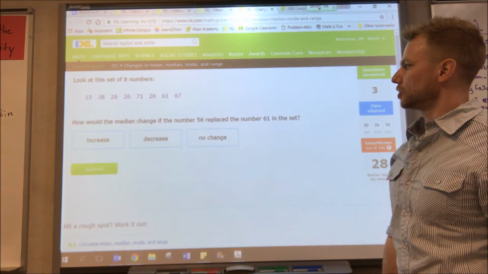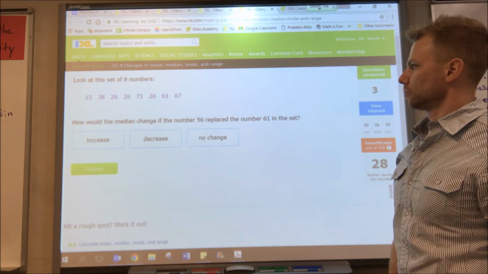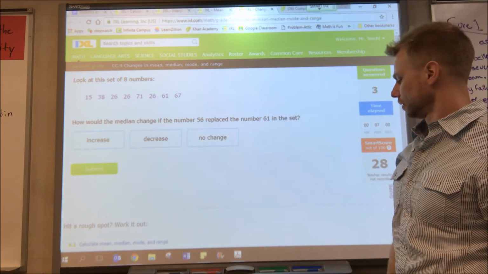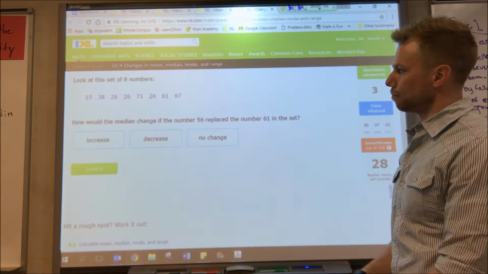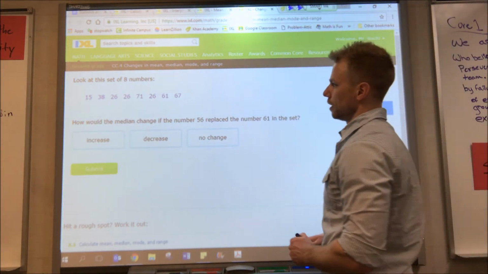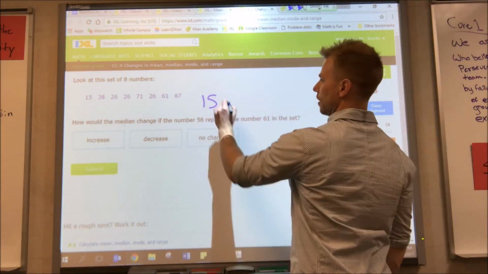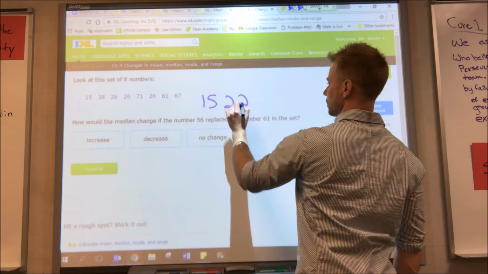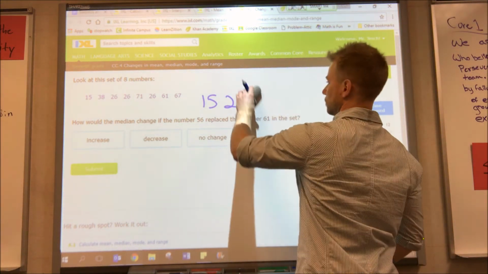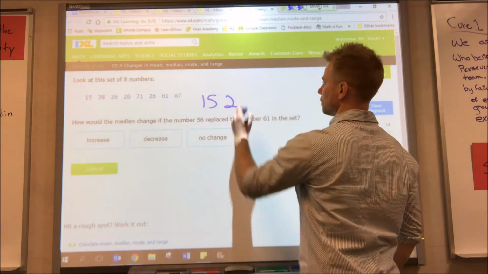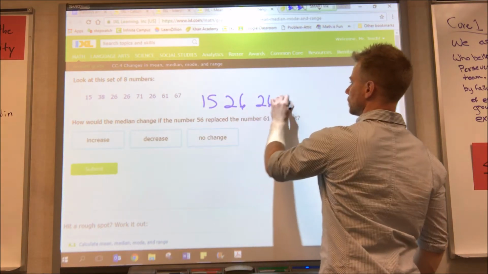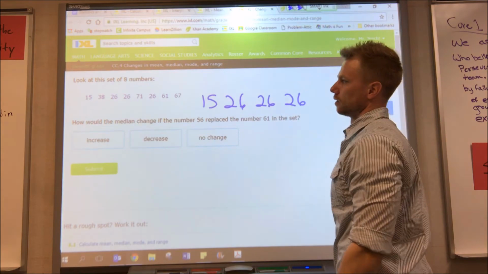How would the median change if the number 56 replaced 61? Okay, remember median is the middle. First we have to put them in numerical order. So we have 15, and then we have 3 26s. 26, 26, 26.